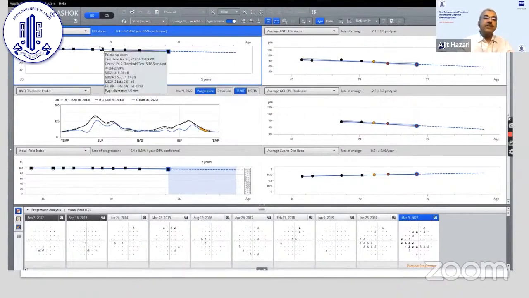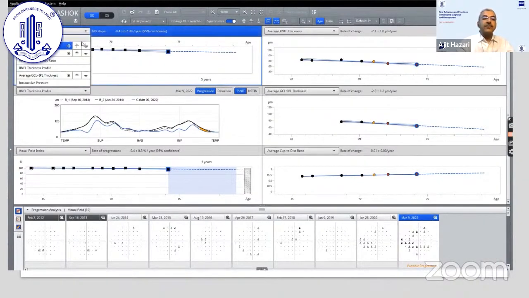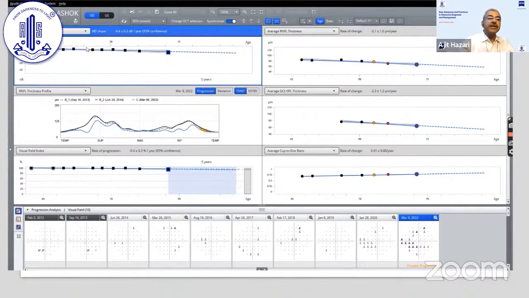So here we have the mean deviation on the upper left corner, and we can also look at what part of the field we want to see. Let's say if the field was mostly damaged inferiorly, we can look at the inferior mean deviation, or we can look at the superior mean deviation, or the overall mean deviation, and see whether the rate of progression is changing. And in this case, the rate of progression was increasing for the inferior field.